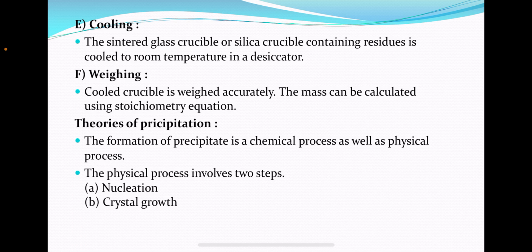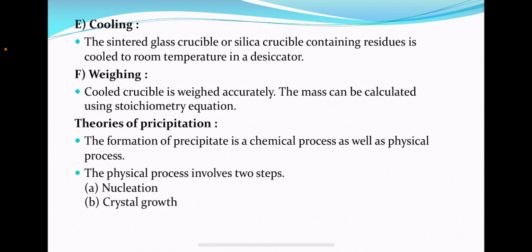Say for example, we took barium chloride. When barium chloride is added dropwise into sulfuric acid, the barium chloride is converted into barium sulfate, which is a solid. The barium sulfate is going to get precipitated out, thereby evolving hydrochloric acid.